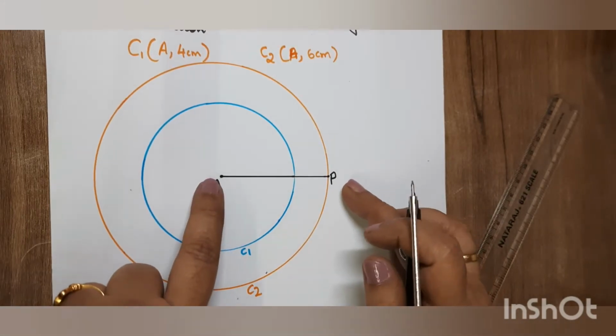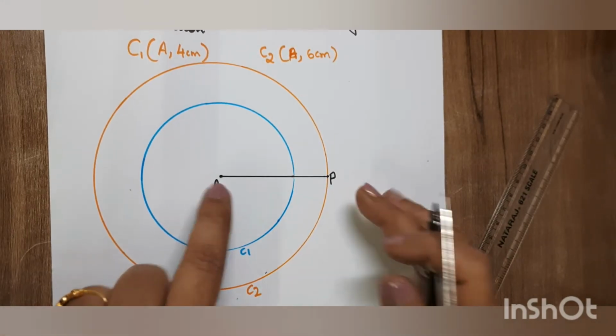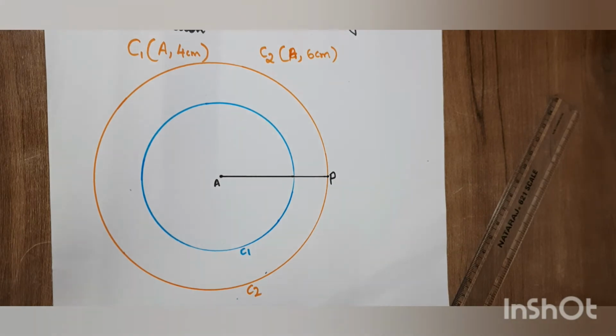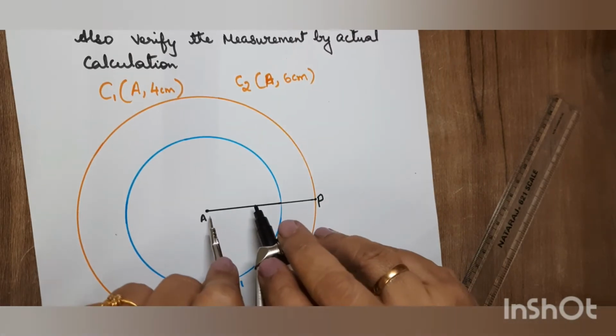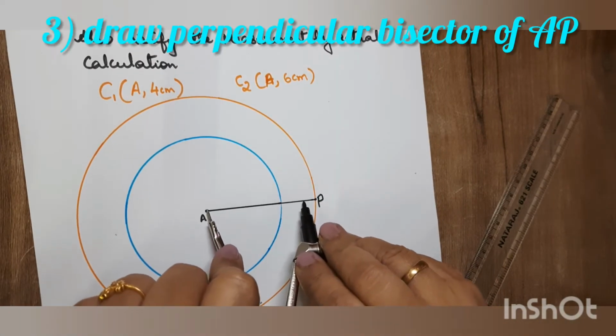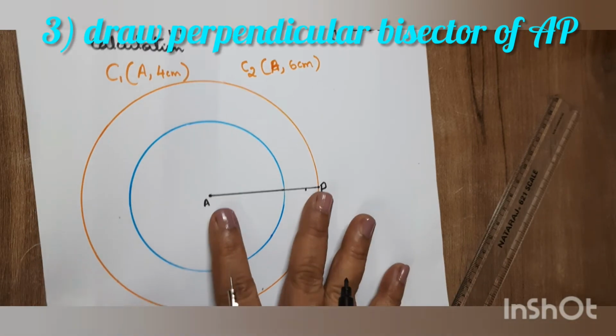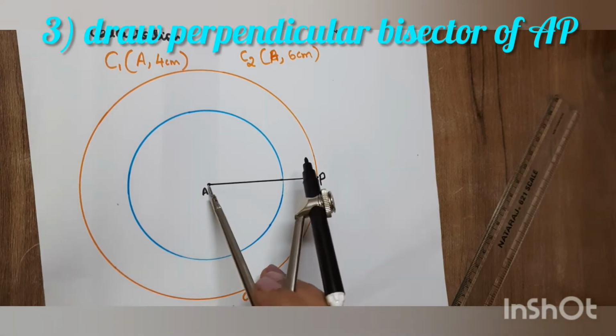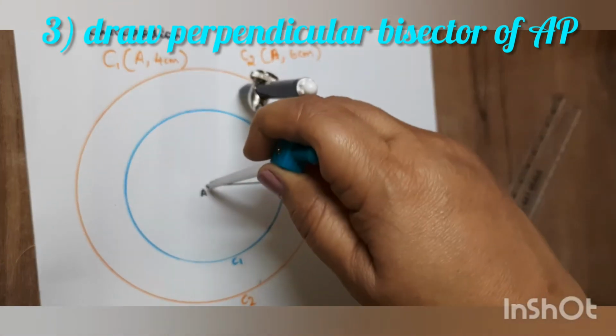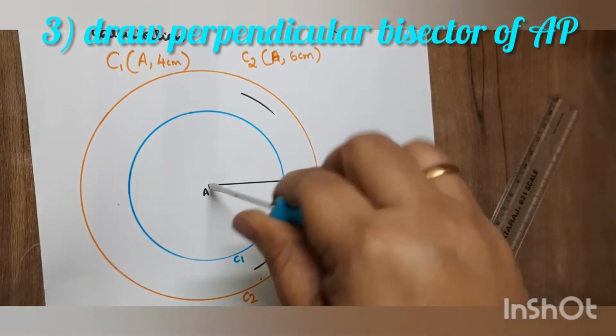So here again AP, we have a line. So draw the perpendicular bisector of AP. Same method to draw it. Keep your compass at A. Take more than half. That is, focus only on this line AP. Keep it here. One arc up, one arc down.